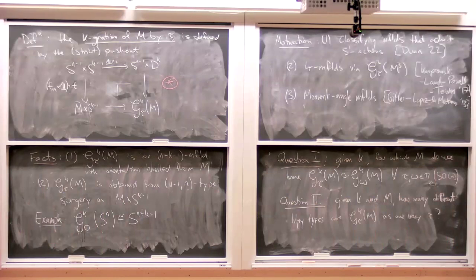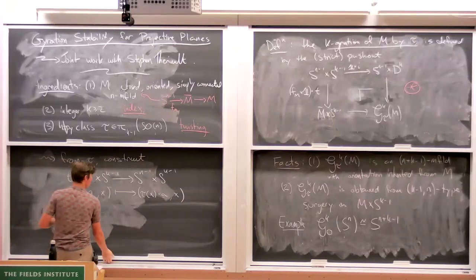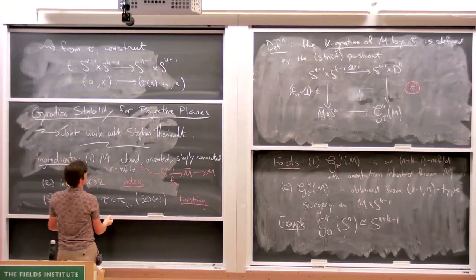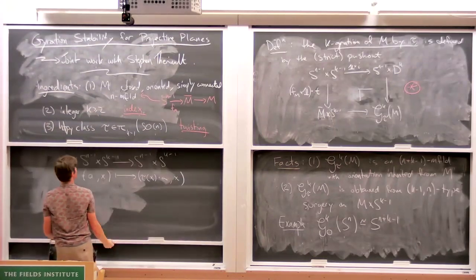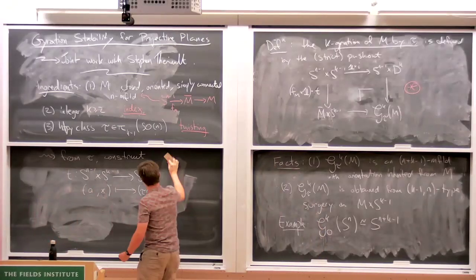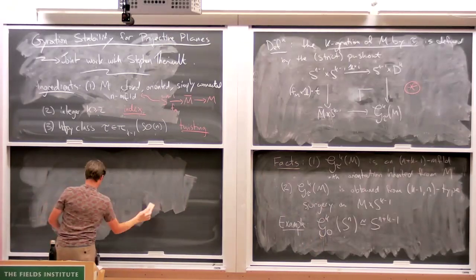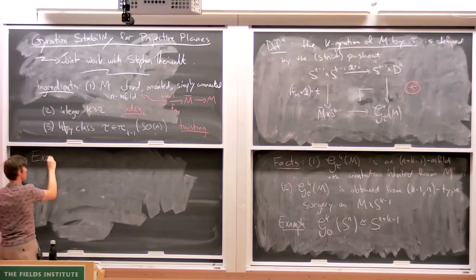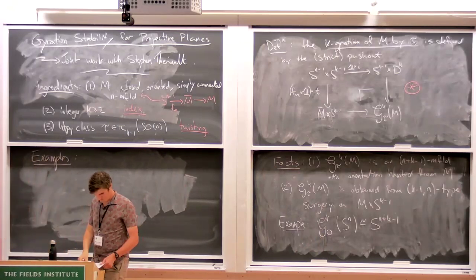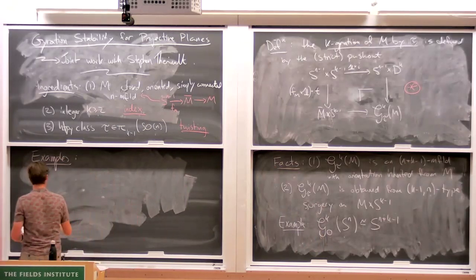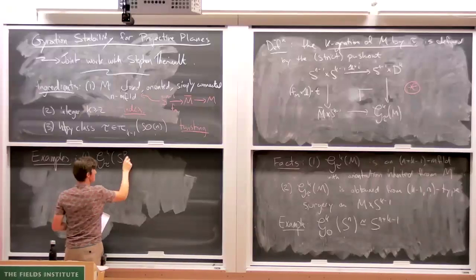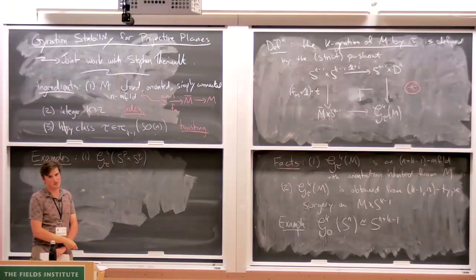Let's do some examples of gyration stability. What happens if I gyrate the sphere product?